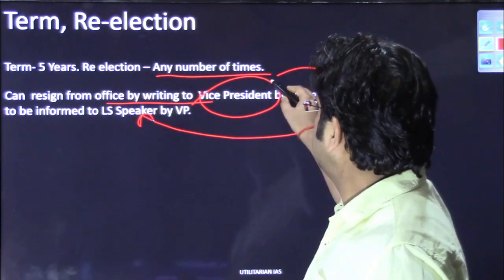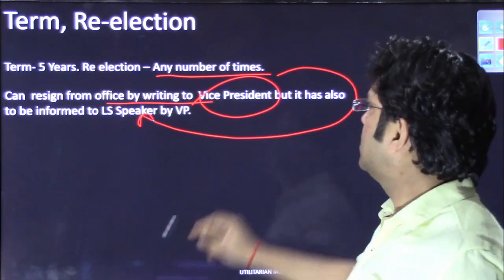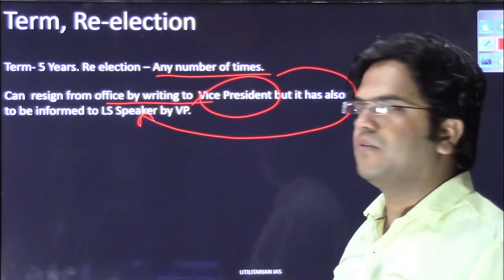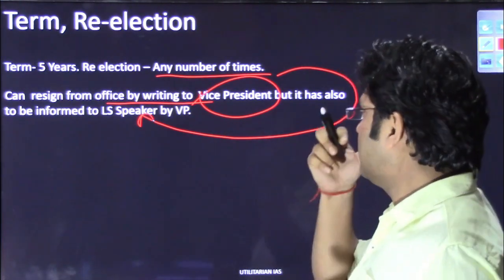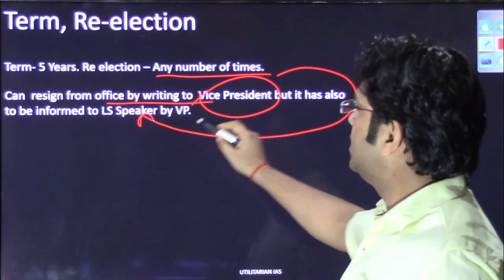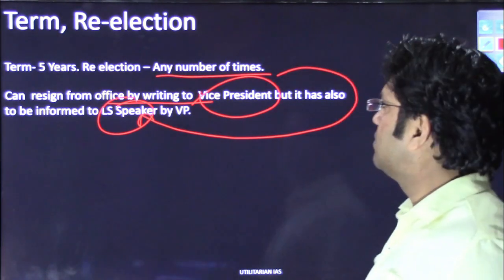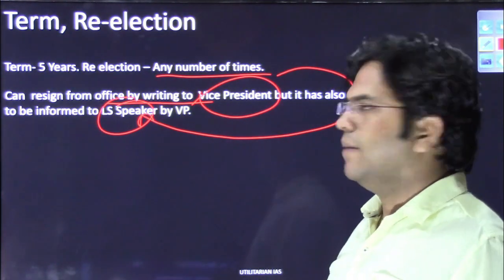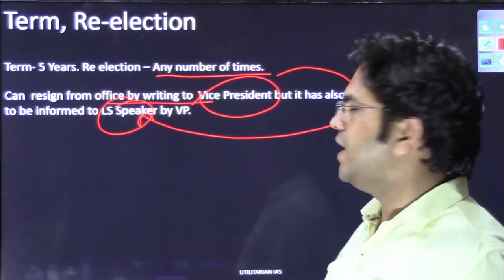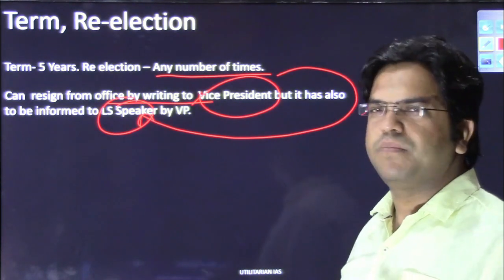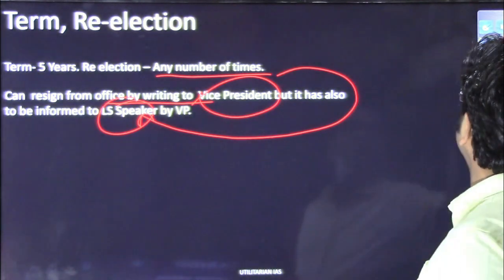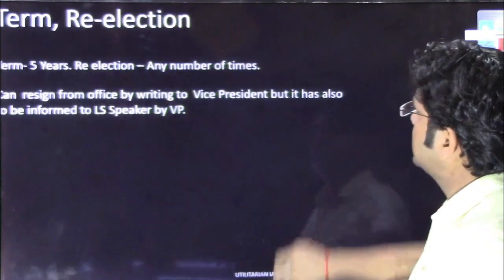That is the logic: on receipt of the resignation letter from the president, it will be the vice president's duty to inform the Lok Sabha speaker. This has not been expressly mentioned in Lakshmikant, although vaguely it has, but not many aspirants focus on these things.